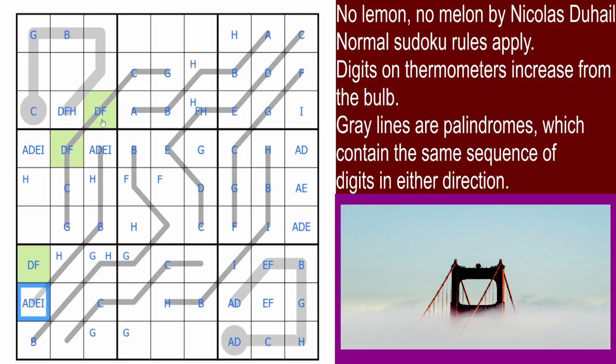D, F, D, F. This D, F has to be same, right? D, A. So this is also remaining, right?